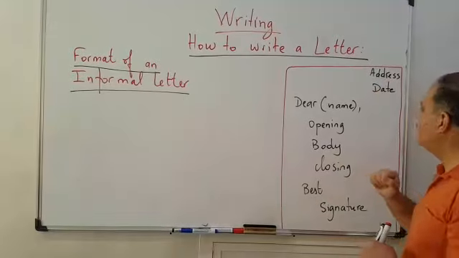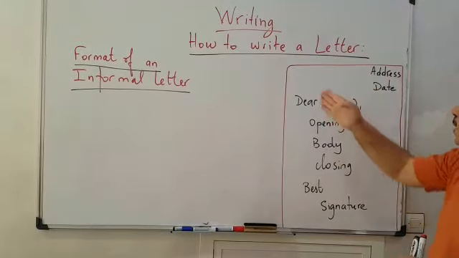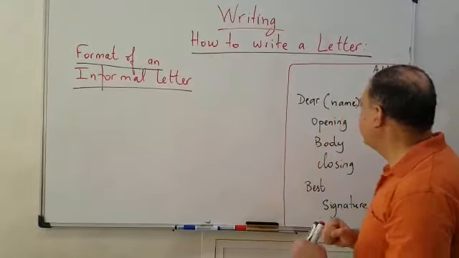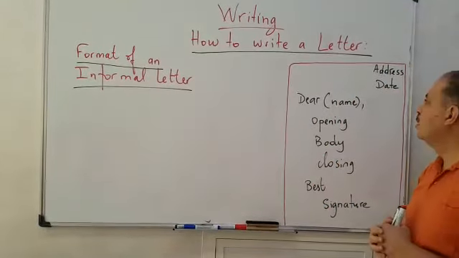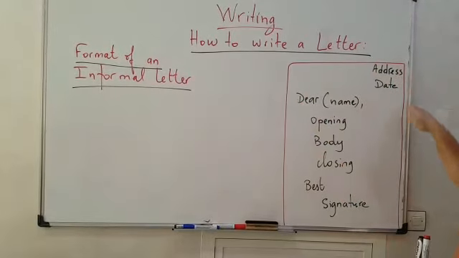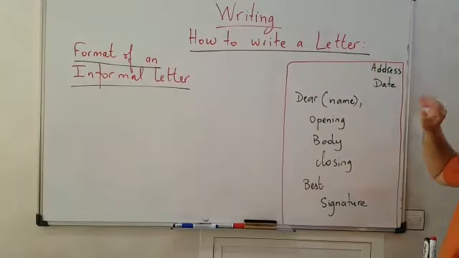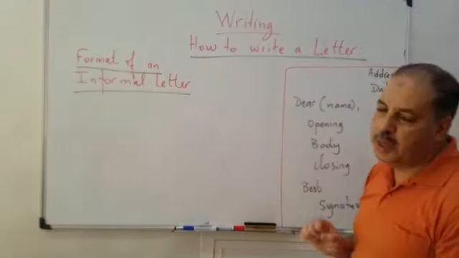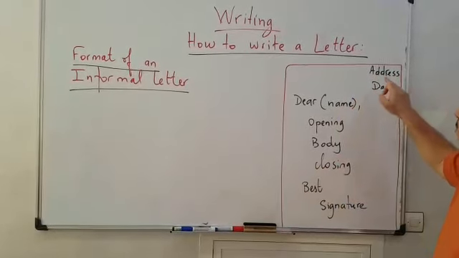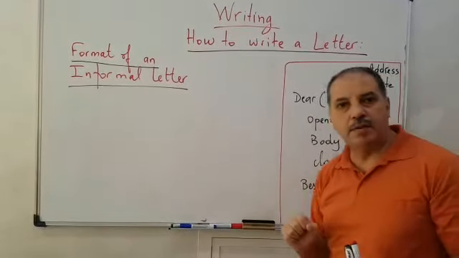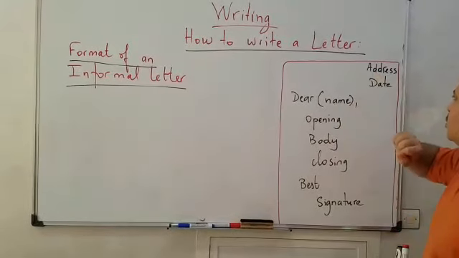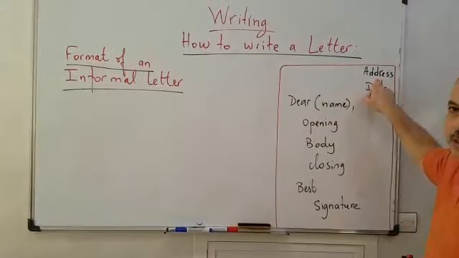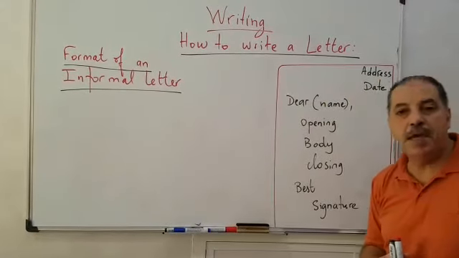So let's begin by explaining how this format should look like. The first thing to do when you write an informal letter is begin writing your address, at the top right corner of your paper, not left but right.